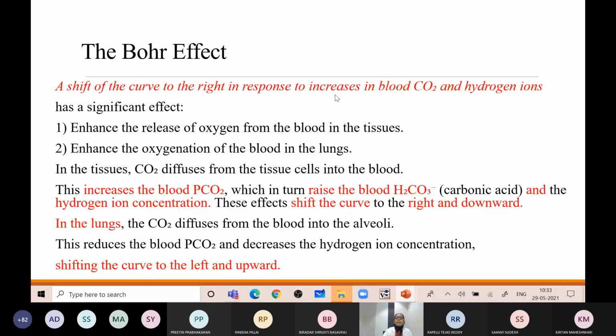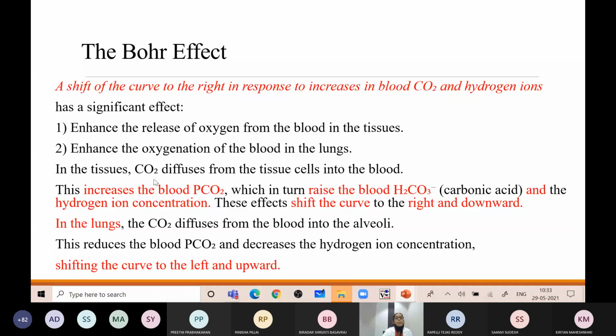So this is called the Bohr effect. So increase in carbon dioxide in the blood and increase in H plus ion causes release of oxygen from the blood in the tissues, and it also helps in oxygenation of blood in the lungs.